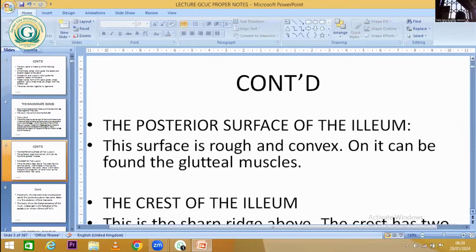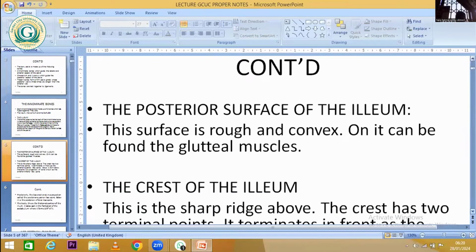Okay, go ahead. The posterior surface of the ilium is rough and convex. On it can be found the gluteal muscles. Very good. So this is the posterior aspect of the ilium.